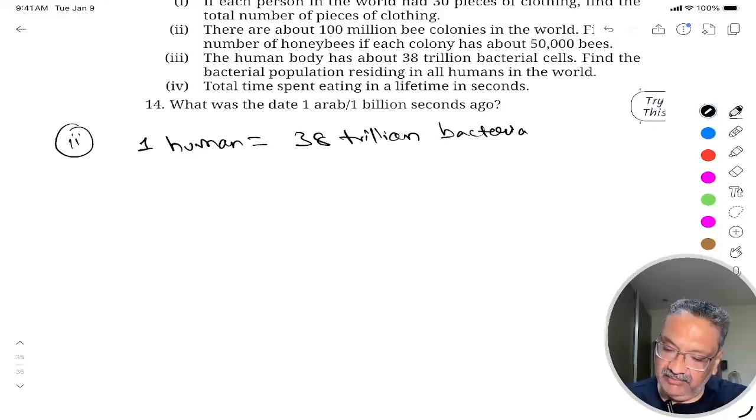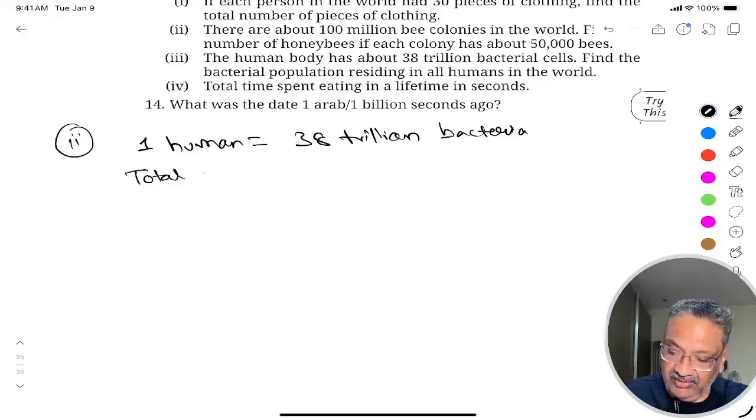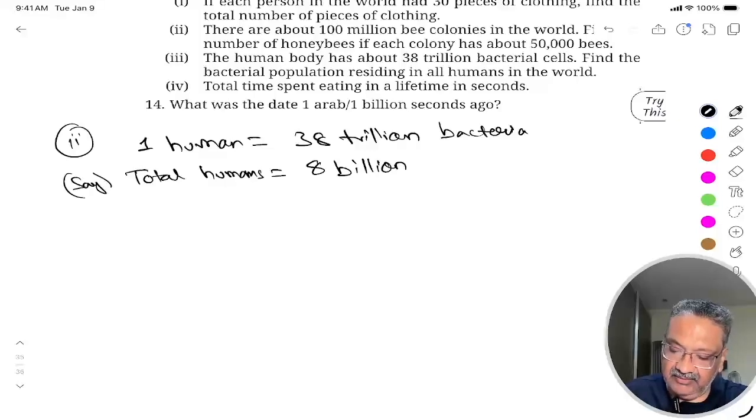Find the bacterial population residing in all humans. So total humans ಎಷ್ಟಿದ್ದಾರೆ? Say 8 billion is the population. Okay, so total bacteria ಎಷ್ಟಾಗುತ್ತೆ?